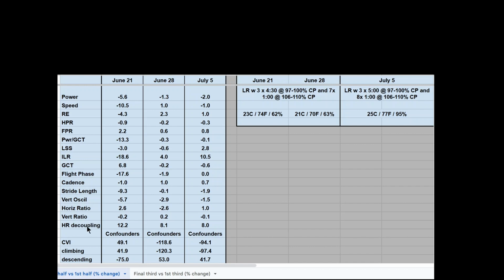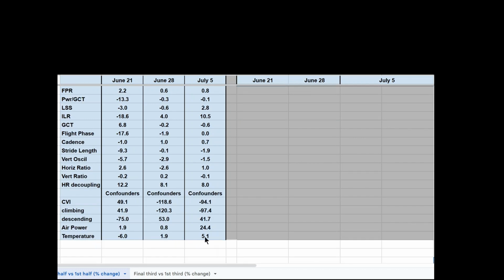And we'll fast forward through these numbers down to heart rate decoupling. That's even better. When you have these kind of conditions and to see heart rate decoupling, and temperature actually increased 5% during the course of this run, whereas the prior week it increased only about 2%, that's really good.